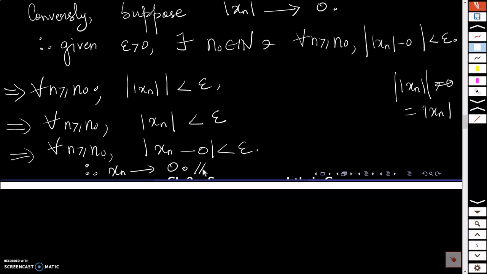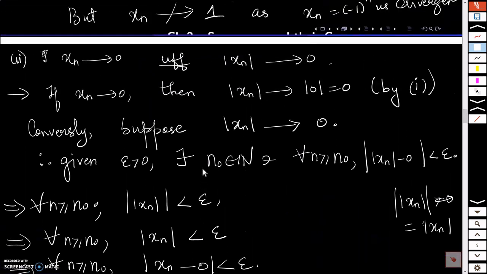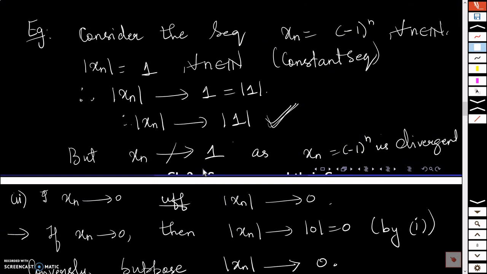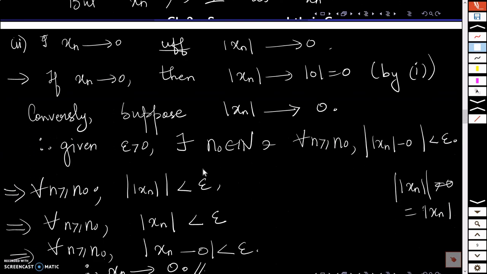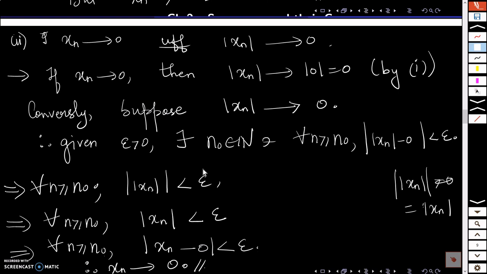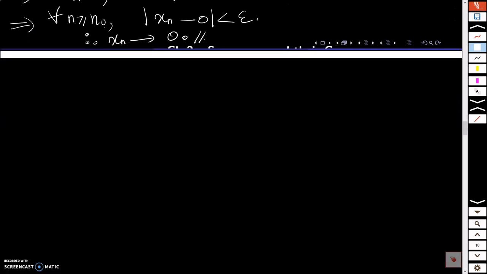Clear? So if the limit is 0, then the first statement will reduce to this, and it will be an if and only if, and both sides the implications will be working well. That's what we proved here.